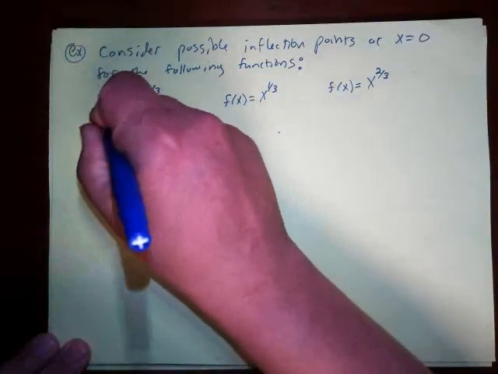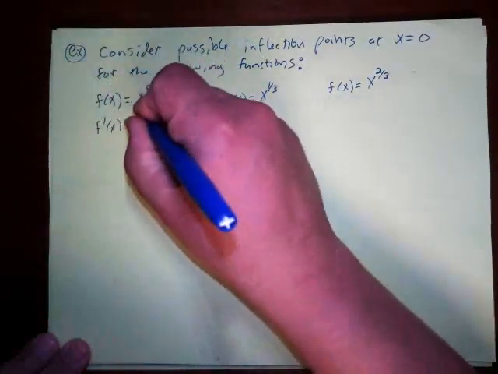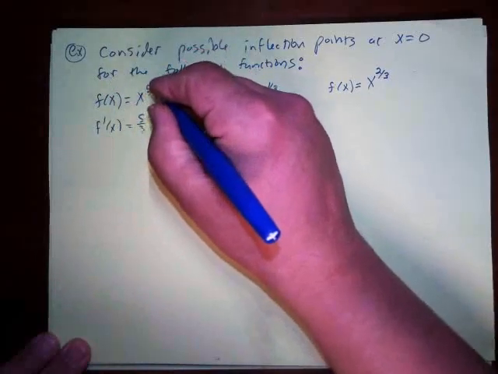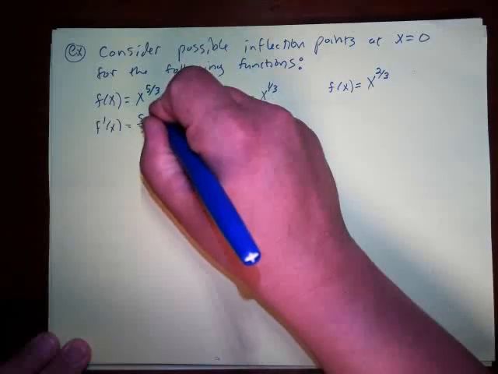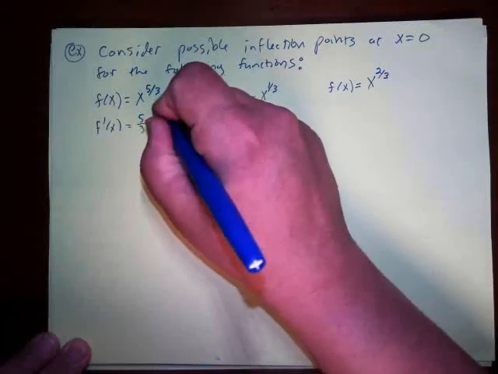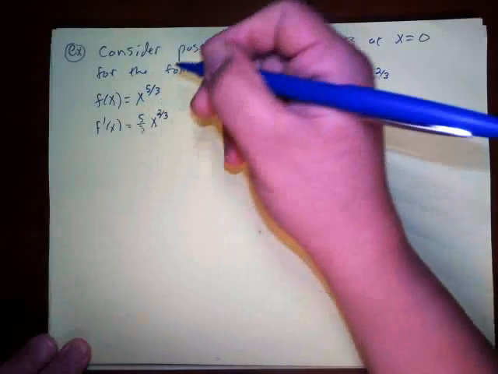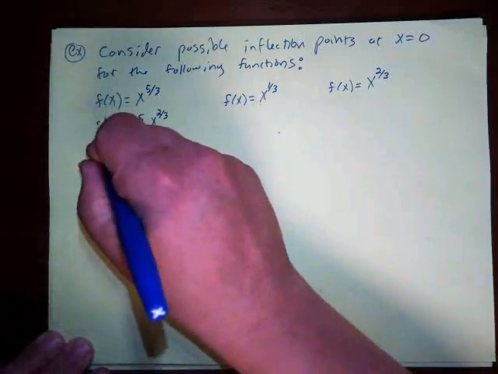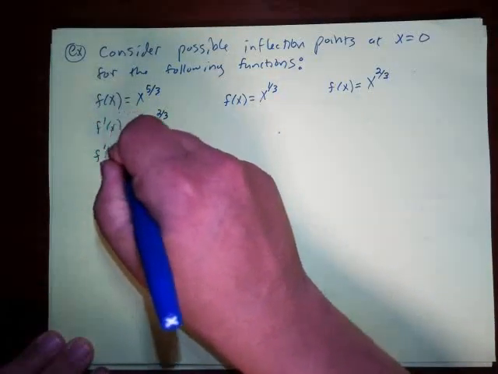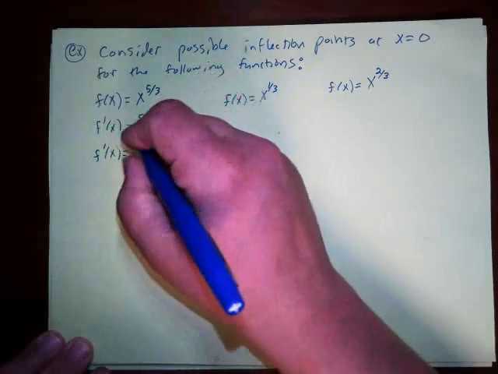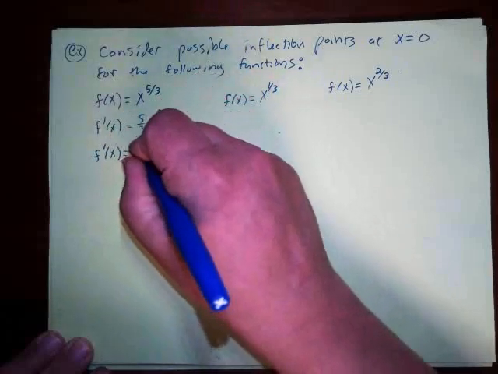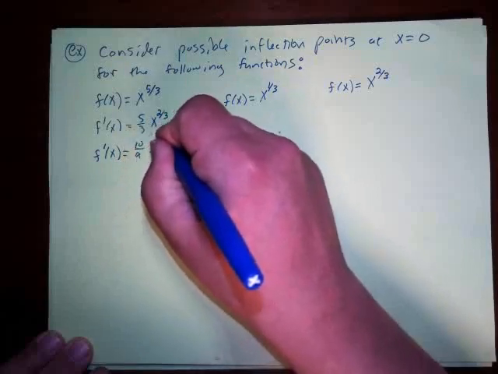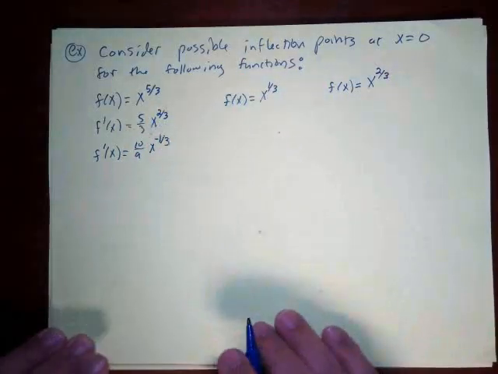So taking the first derivative, I get 5/3 x, and then when I subtract 3/3, I get x to the 2/3. Okay. And then I take the second derivative here and bring that down, and I get 10/9 x to the -1/3.